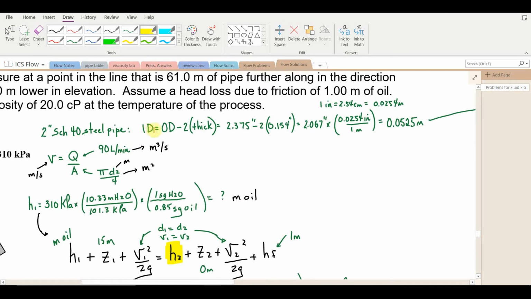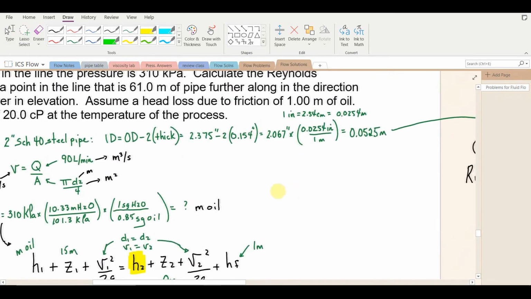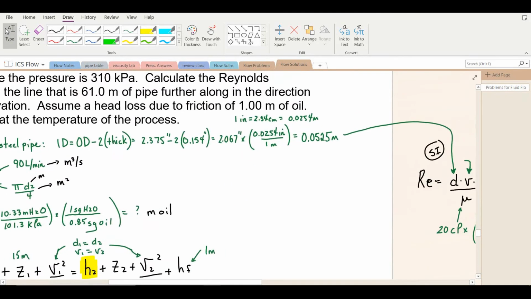The internal diameter is the outside diameter minus 2 wall thicknesses, and that's 2.067 inches. In the SI system in which we're working here, we'll need it in meters. So 1 inch is 2.54 centimeters or 0.0254 meters because there's 100 centimeters in a meter. So I convert from inches to meters, and that's 0.0525 meters.